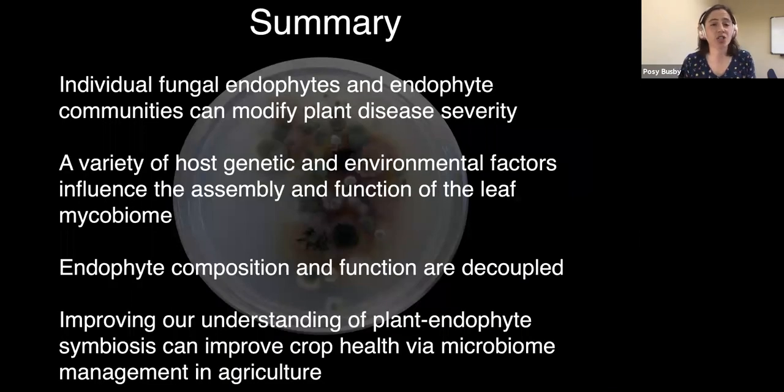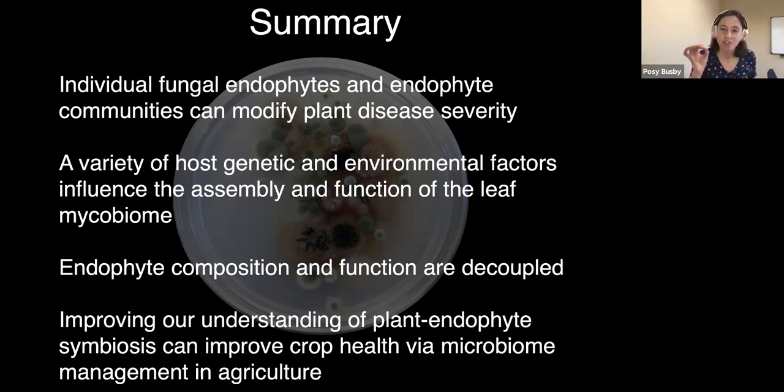All right, so to summarize, I showed you that individual fungal endophytes and endophyte communities can modify plant disease severity. These effects are really neither good nor bad. They are complicated. It really will depend on the composition of the community and the assembly of the community. Second, a variety of host genetic and environmental factors were important for influencing the assembly and function of the community. And here I would argue that we're really just at the tip of the iceberg in terms of understanding how host and the environment influence the leaf microbiome.